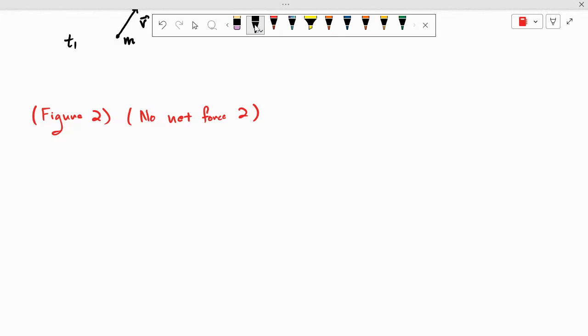Okay, if we have at time t1 and at time t2, it going v, and at time t2 we also have it going v, but this time there's forces acting on it.